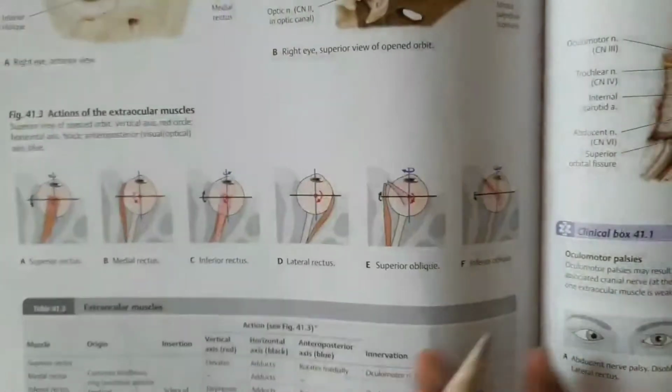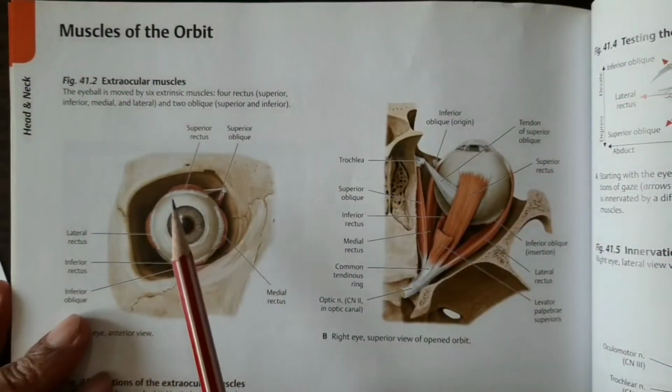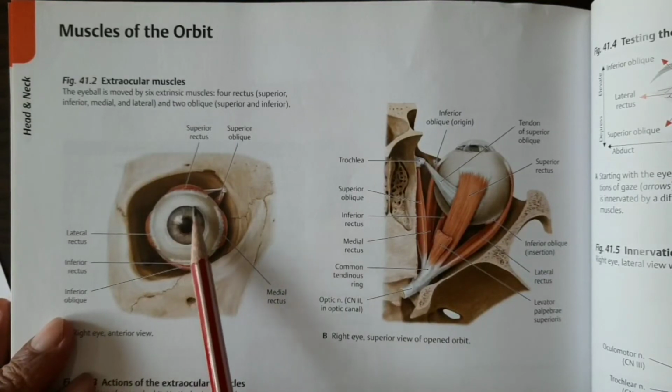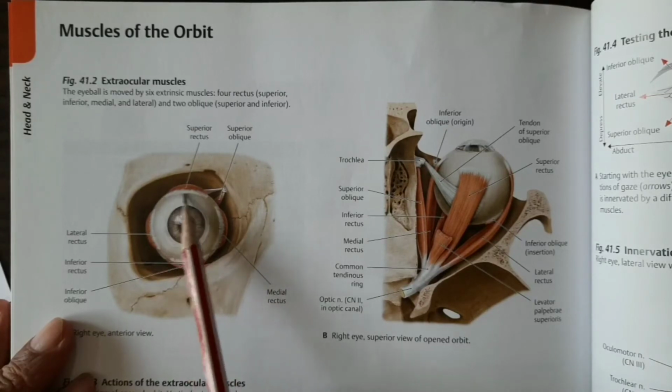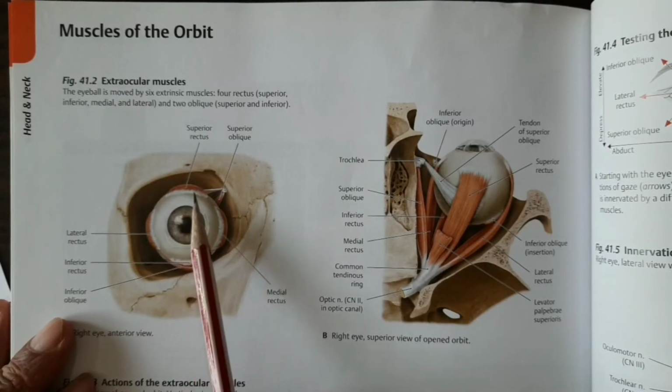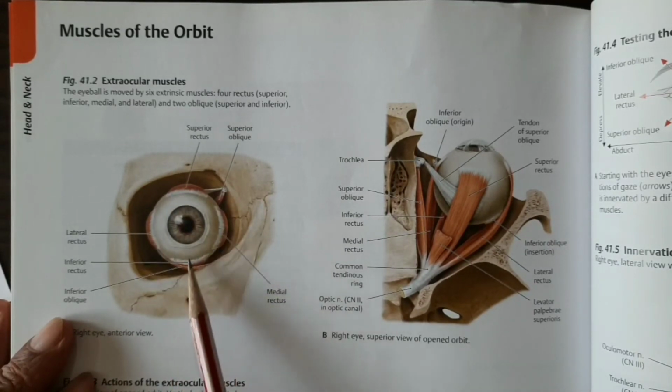Let us see, with the help of these diagrams, how these muscles look. This will give you a fairly good idea that this is the limbus, that is the sclerocorneal junction, and about 6 to 8 millimeters behind is the attachment of these muscles: superior rectus, lateral rectus, medial rectus, and this is the inferior rectus.